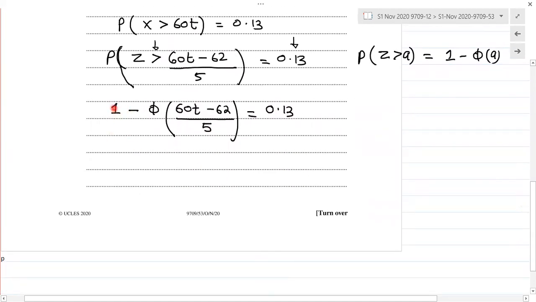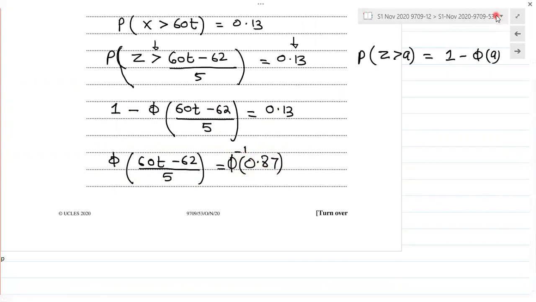So if we shift this on this side, we get 1 minus 0.13, that gives us 0.87. So basically phi of 60t minus 62 over 5 is equal to 0.87. And now 0.87 we have to look up in the table as inverse of phi.